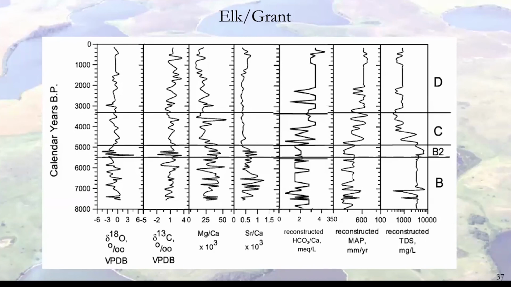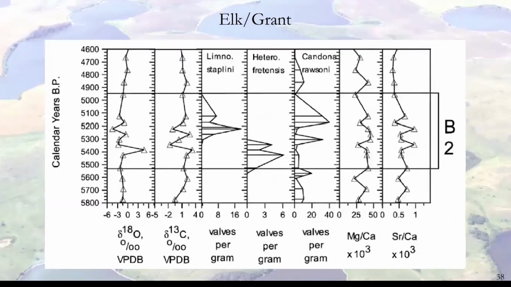Okay, and zone B2 was rather confusing at first, as this is the peak of the prairie dry period. We expected delta 18 to be consistently high, but instead we have low values. 2 species, Plenary and Heterotensis, come to the rescue when we need to figure out what's going on.